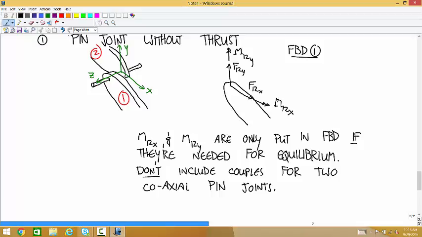Okay. If you have two pin joints along the same axis, allowing the same direction of rotation, then just leave those couples out. Question? For the free body diagram, the N and the F are both magnitudes, but we don't know the directions. Those are components. Okay. So it's just saying that's a force vector and a couple vector, but both of them are 0 in the Z component. That's what it's saying.